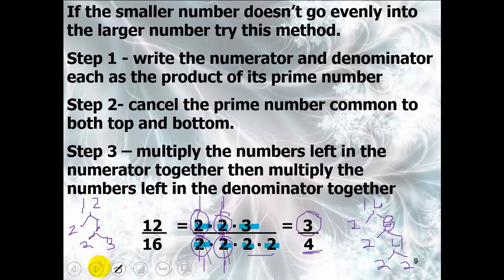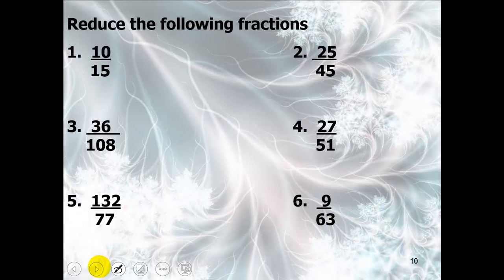All right? Now, let's reduce the following fractions. 10 over 15. Well, 10 does not go evenly into 15. So I'm going to take 10 and I'm going to prime factor it, and it becomes 2 times 5. 15 is 5 times 3.